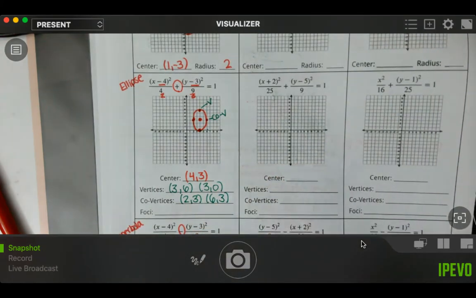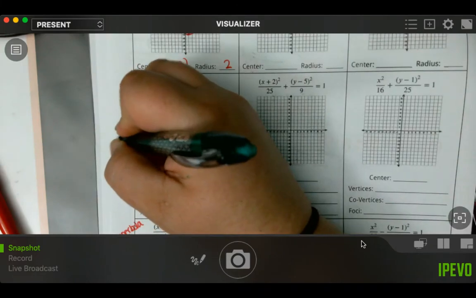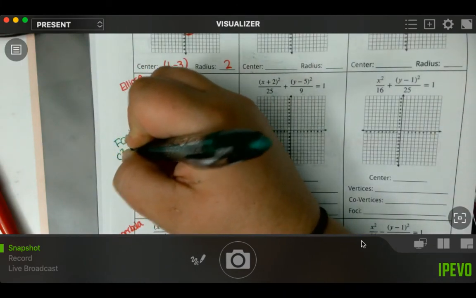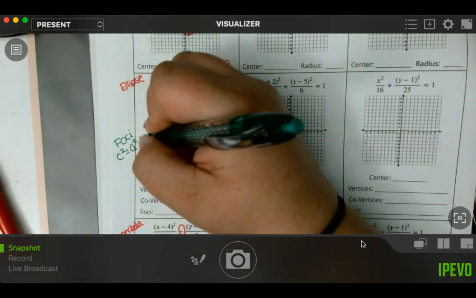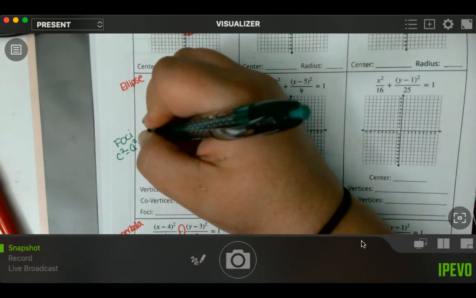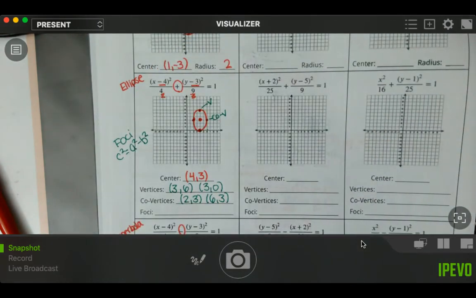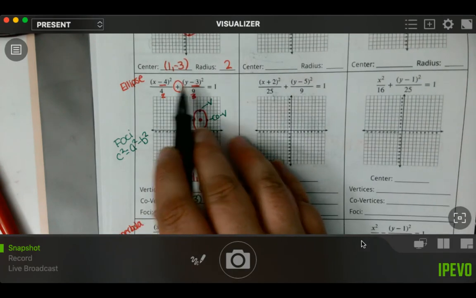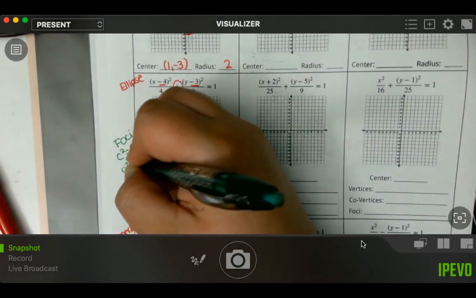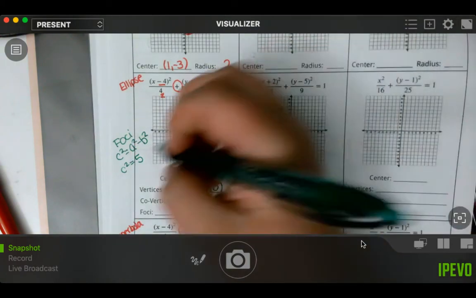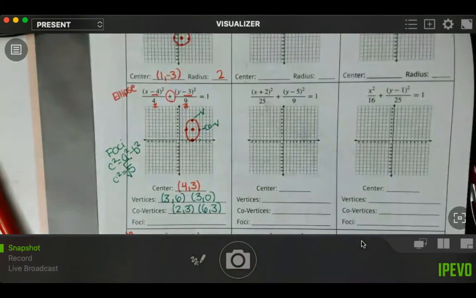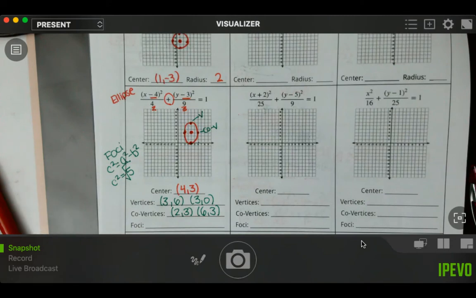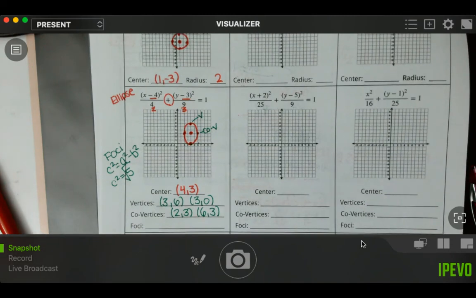For the foci, you need this equation. C squared equals A squared minus B squared. So you just subtract these two numbers. 9 minus 4 is 5. And then you do the square root. Okay. The square root of 5, double checking this decimal really quick, is 2.2.